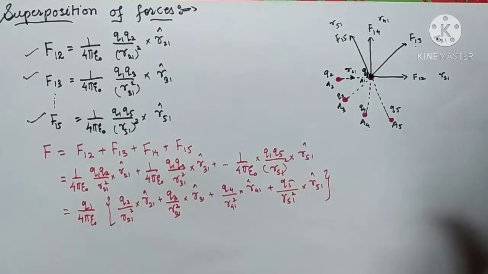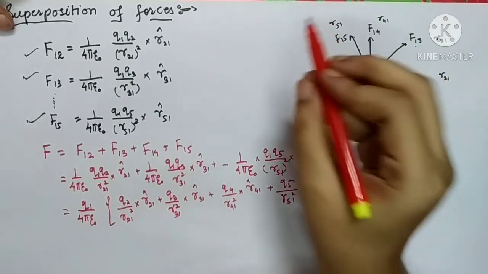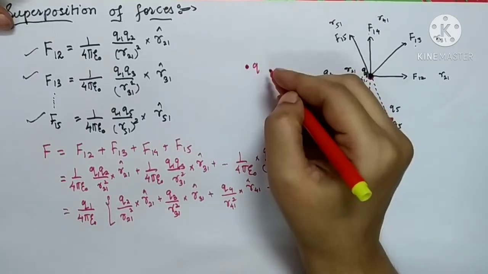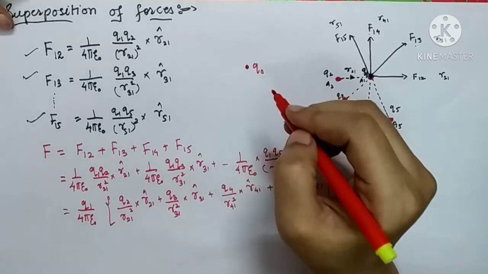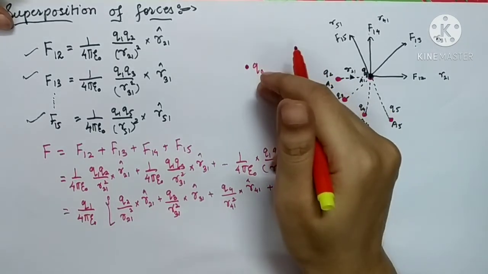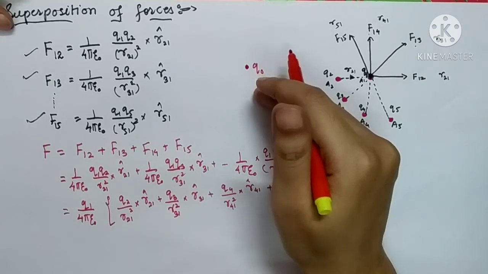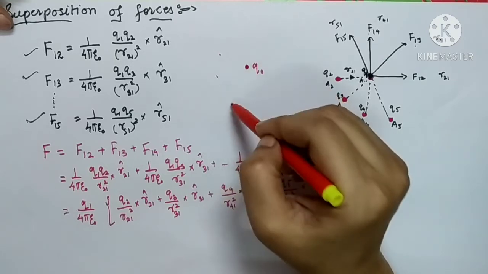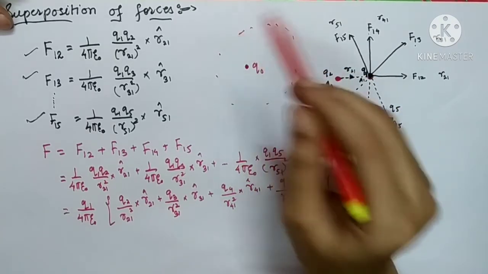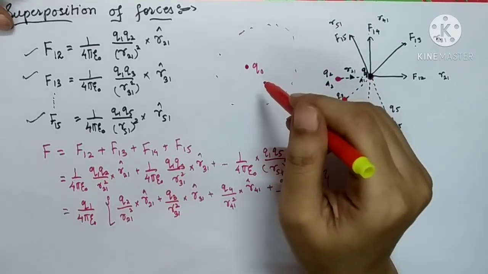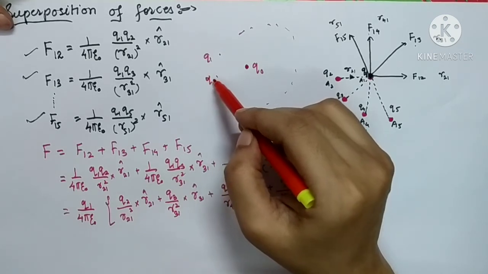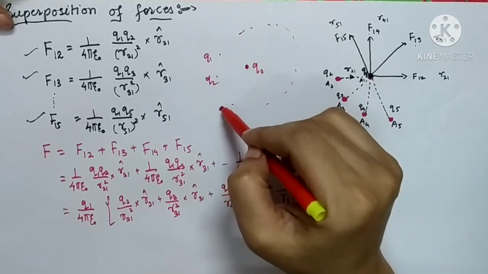Similarly, if there are n number of charges, 1, 2, 3, 4, and there is one single charge placed in that system, let the name of that charge be Q0. This Q0 is a positive charge and this charge is called a test charge. So all the charges Q1, Q2, Q3, Q4 up to Qn, n number of charges surrounding the charge Q0, are going to exert forces on the charge Q0.